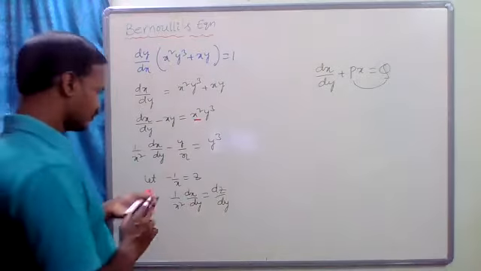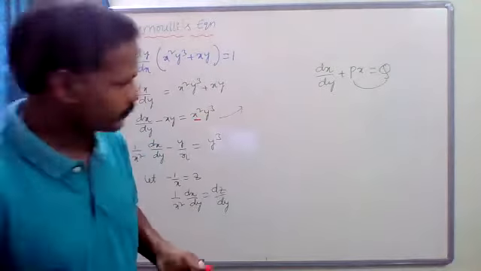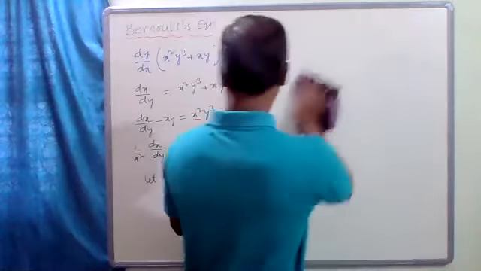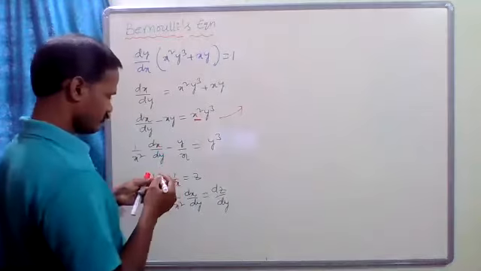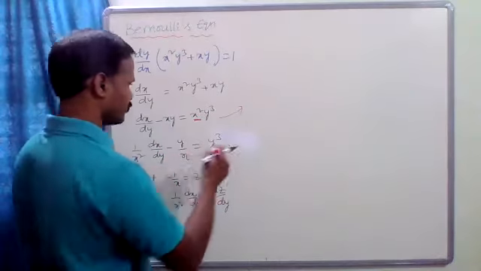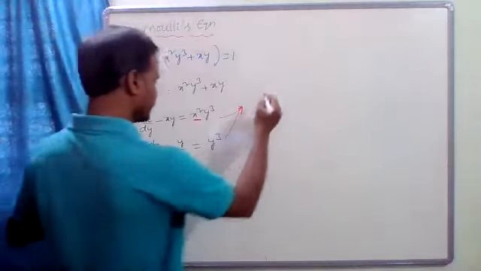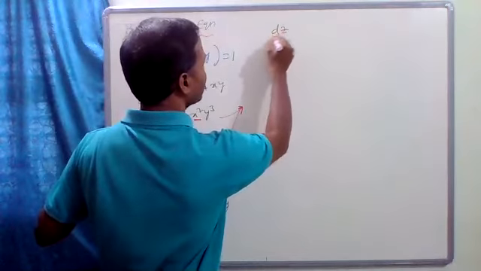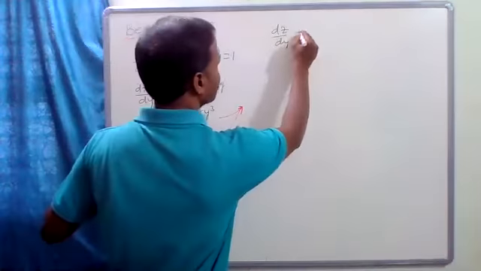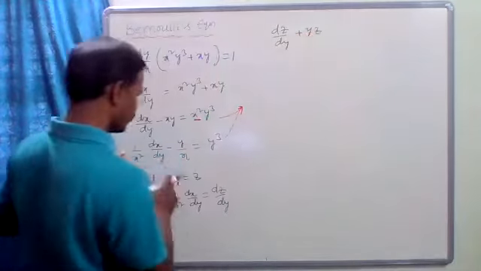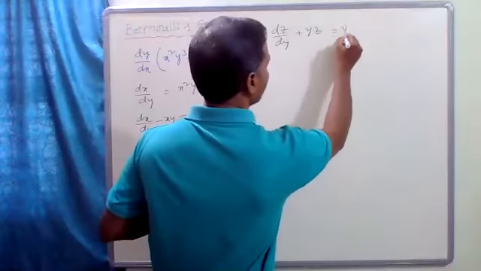Then this equation will be converted to dz by dy plus yz, because y into minus 1 by x is yz, equals y cube.